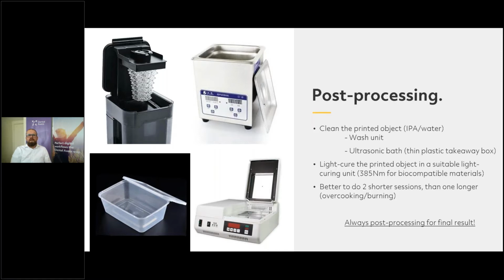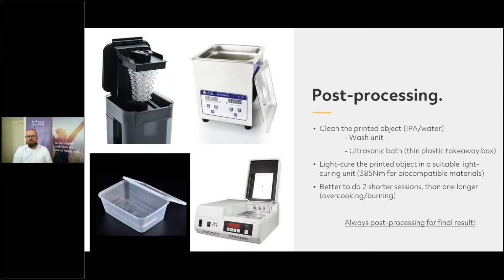When it's cleaned, we of course need to finalize your light curing process to make really sure everything is 100% light cured and that you have a stable object that will not warp or is still tacky, sticky. There are different light curing equipment. One of them is the Form Cure.